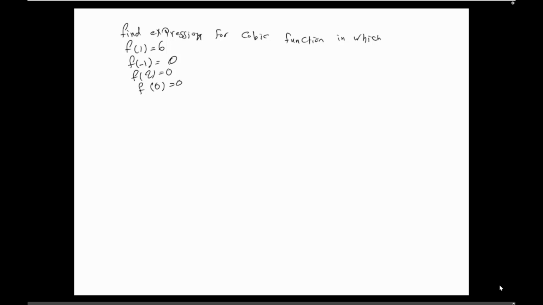So it wants from us an expression for our function. So let's start by solving.